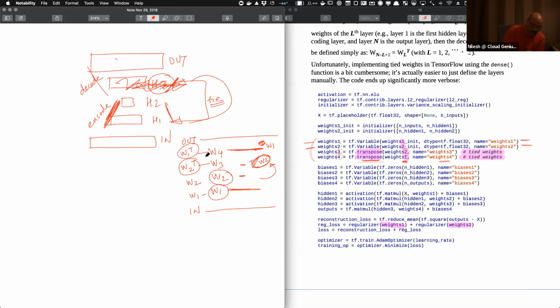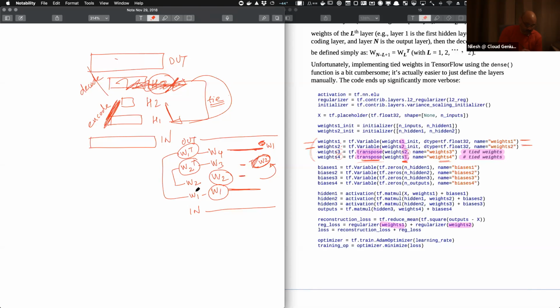That way, what you're really doing is tying them together and not doing extra math. You're cutting down probably half of your work. And so it's easy to define, less taxing on the CPU, speeds up and reduces chances of overfitting.